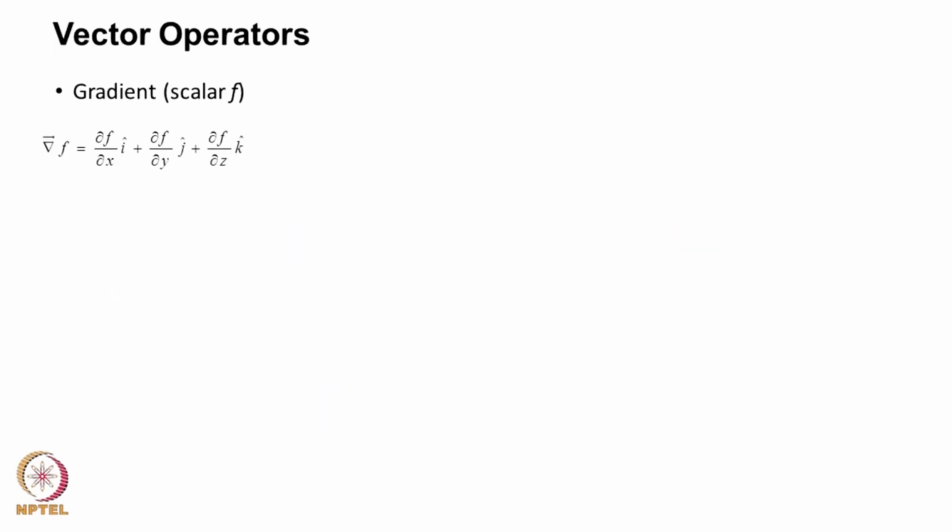There are different standard vector operations available. First, we see what is known as the gradient. If there is a scalar function f and you take the gradient of f, you get dou f by dou x i plus dou f by dou y j plus dou f by dou z k.